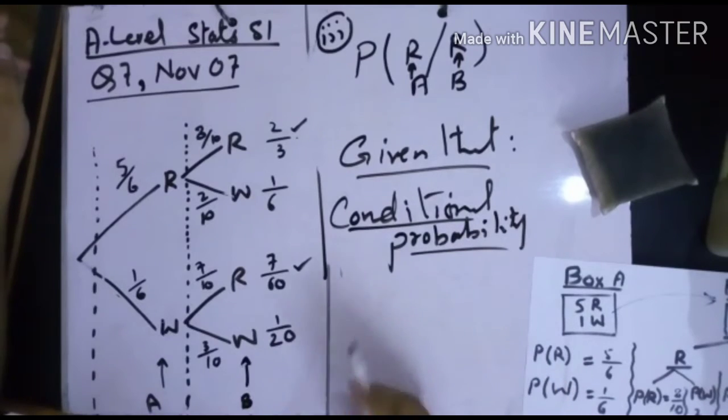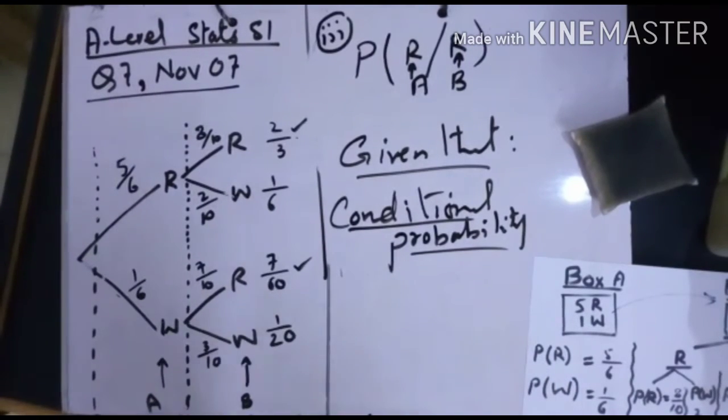What is conditional probability? When the probability of the first event is given and the probability of the second event is required, or the other way around.